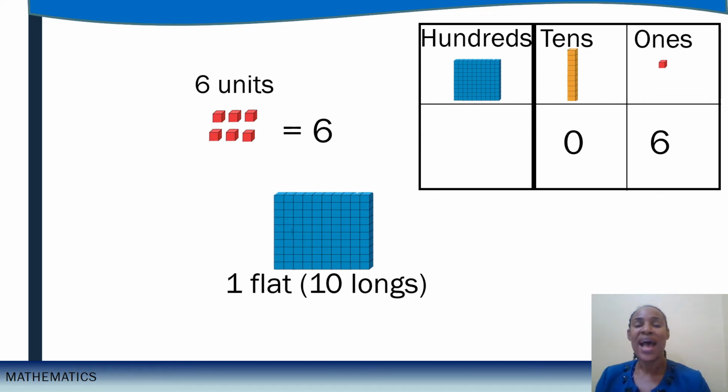Great. We have one flat, which is the same as 100. Boys and girls, can you read the number that you see on our place value mat? Excellent. 106. So there we have it. 100 added to 6 gives us 106. Boys and girls, you are doing so well.